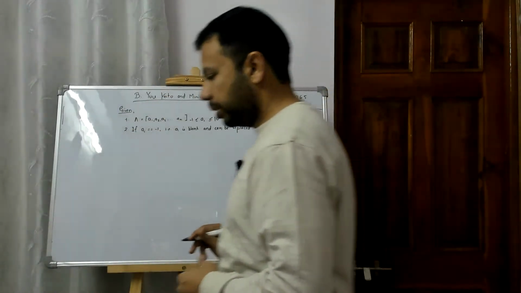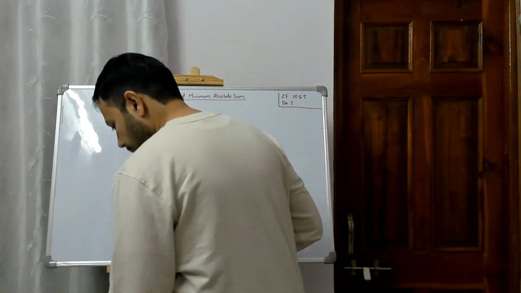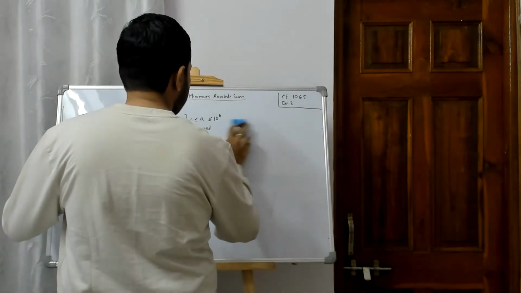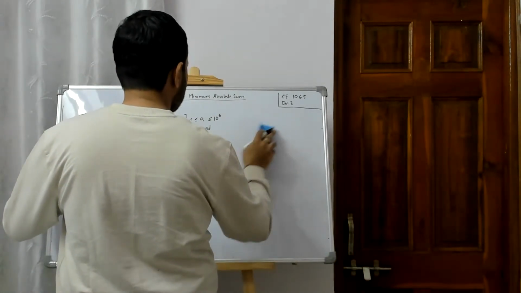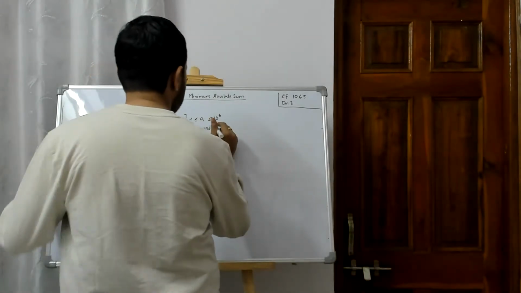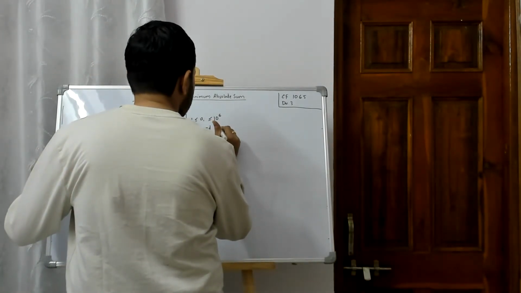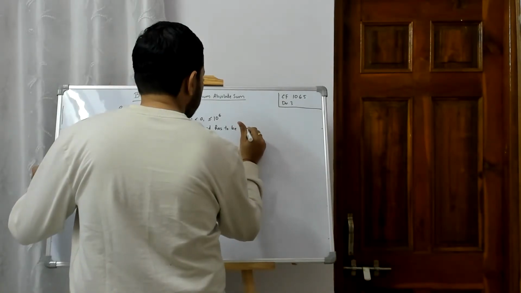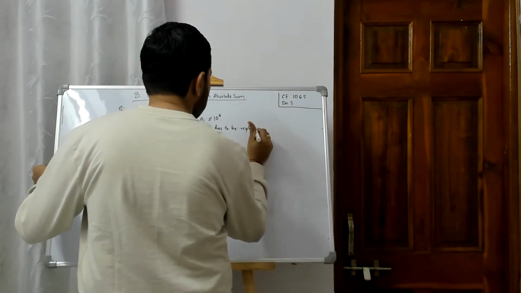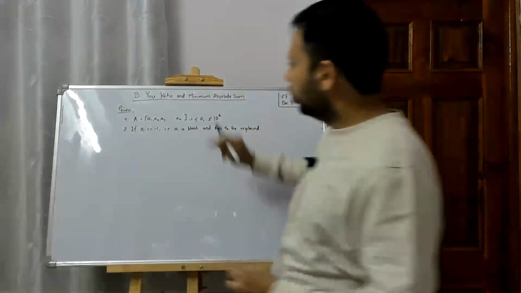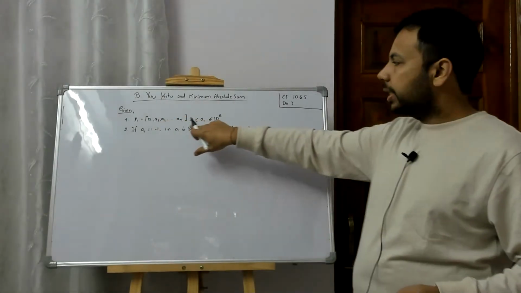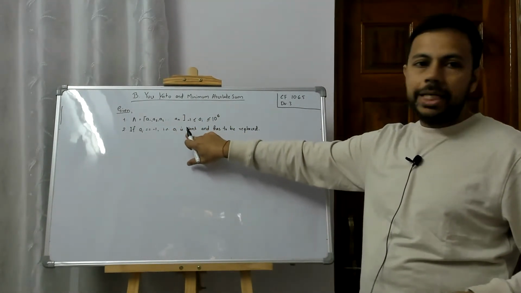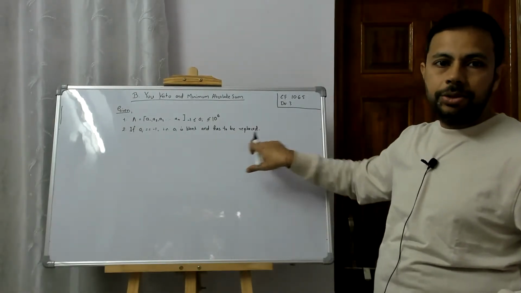Actually, instead of saying can be replaced, I should say Ai is blank and has to be replaced. So you are given an array A1 to AN. If Ai is -1, Ai is blank and has to be replaced.